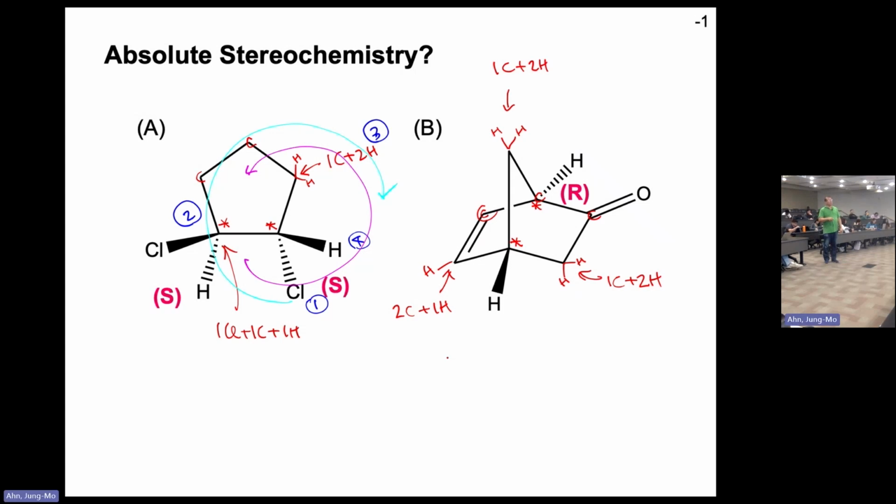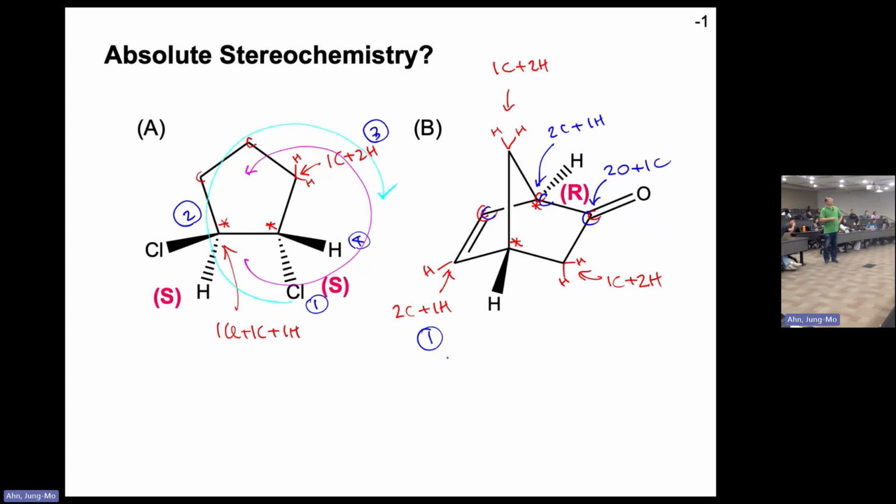Now, number 2 and 3, we still have to sort out because it's the same thing: one carbon with two hydrogens, one carbon with two hydrogens. What we do is go to the next position. This carbon for that side, that carbon for this side. If you look at that one first, you have two oxygens and one carbon. You understand why that one counts twice.